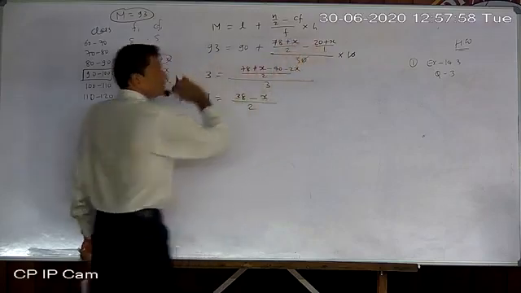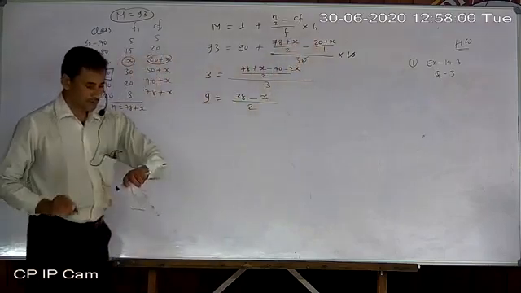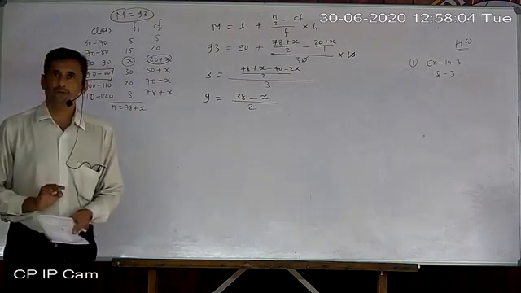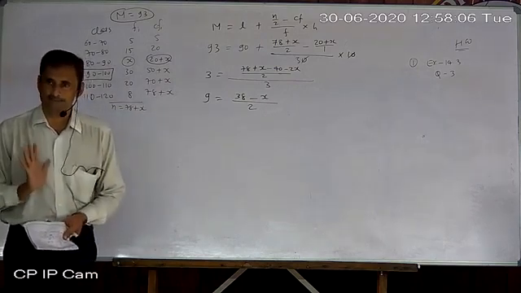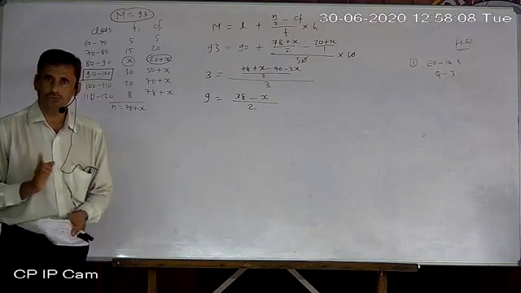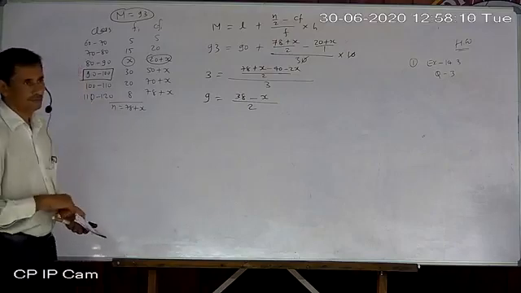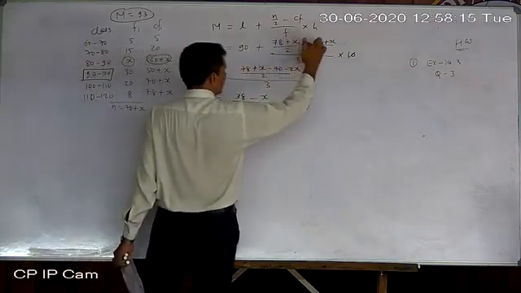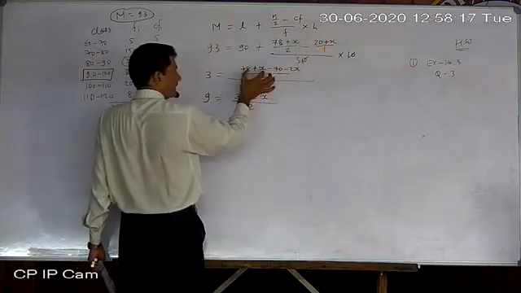Cross multiplication is done here. Why? Addition or subtraction of fractions cannot be done without taking LCM. So we take LCM here, meaning cross multiply. So two terms both are the same. So 78 plus x into 1, so 78 plus x.